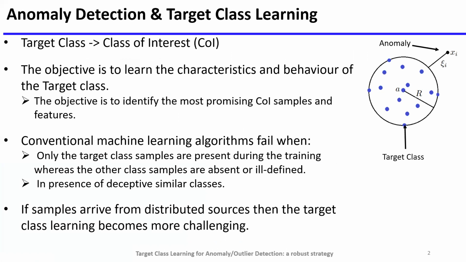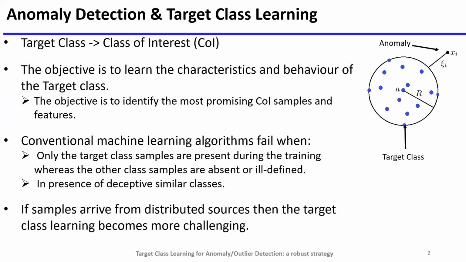So assume that we have samples of a single class. That class is known as the target class, and the other class samples are assumed to be not at all present, or if they are present, they are poorly sampled or ill-defined. Then the other class samples, which do not exist or are poorly sampled, are known as the anomaly.